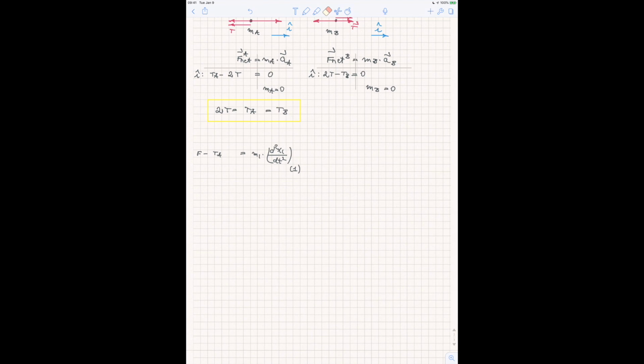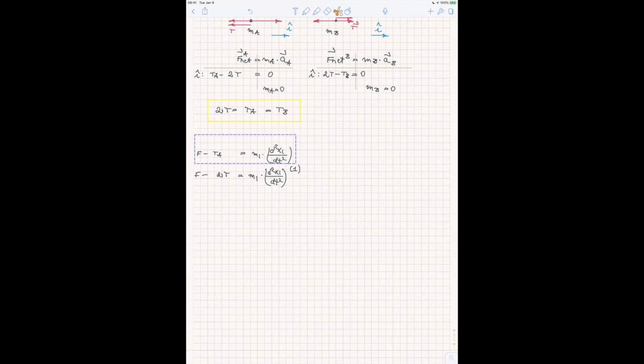And now I can replace TA with 2T. So I write F minus 2T equals m1 times d squared x1 over dt squared. This is equation 1.